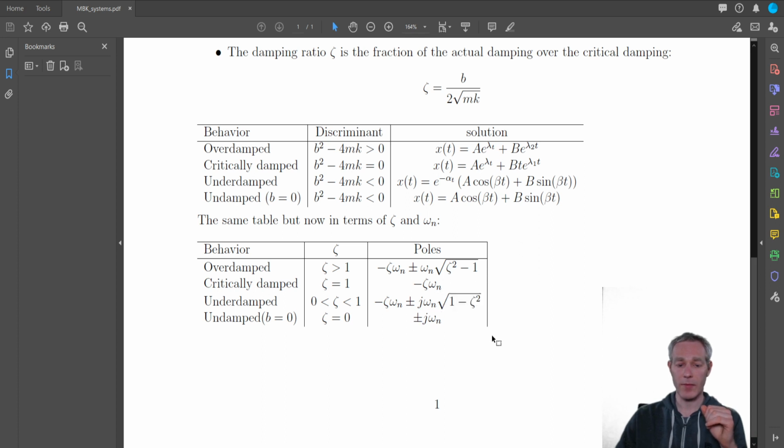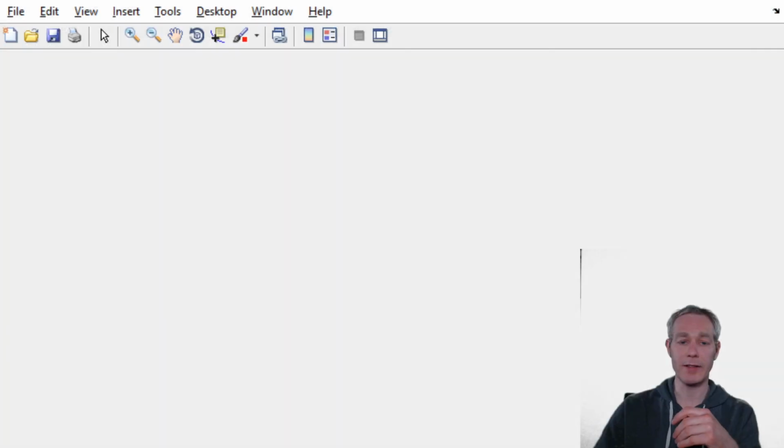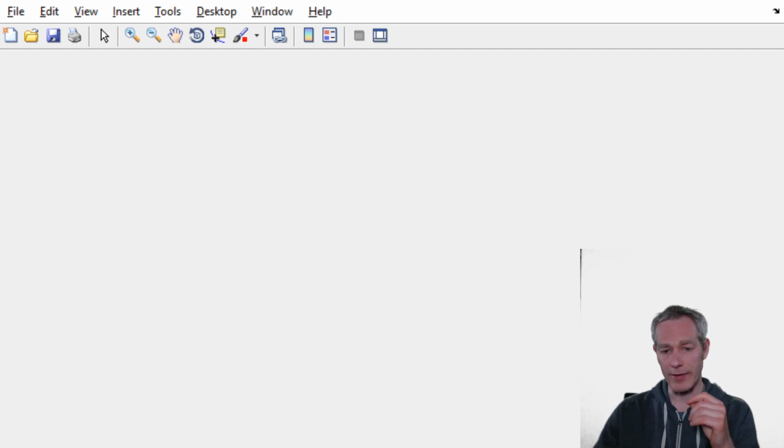Now we can simulate this, and the software I'm using to simulate this is MATLAB, but you can also simulate this with XCOS from Scilab. And let's have a look. I have a figure window here, and I will provide plots for the different damping ratios one by one.